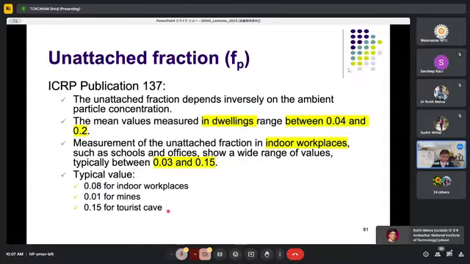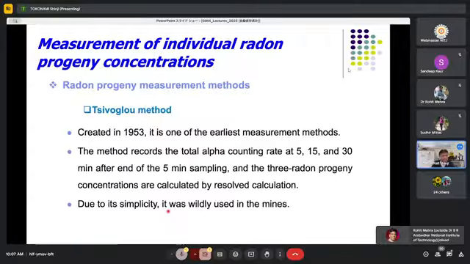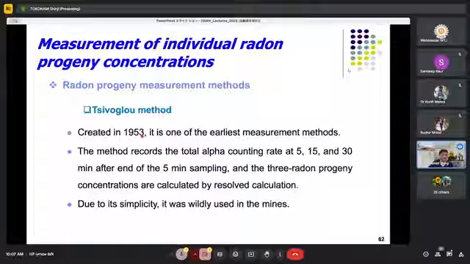So we are going to today's lecture regarding measurement of individual radon progeny concentrations. There are many types of progeny measurement techniques. The first one I would like to introduce is the Thomas method. This method was created in 1953.